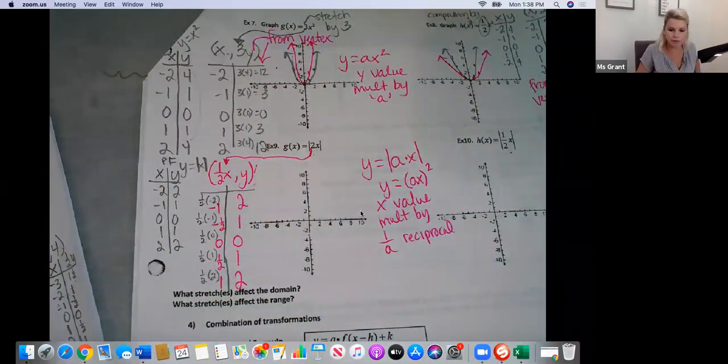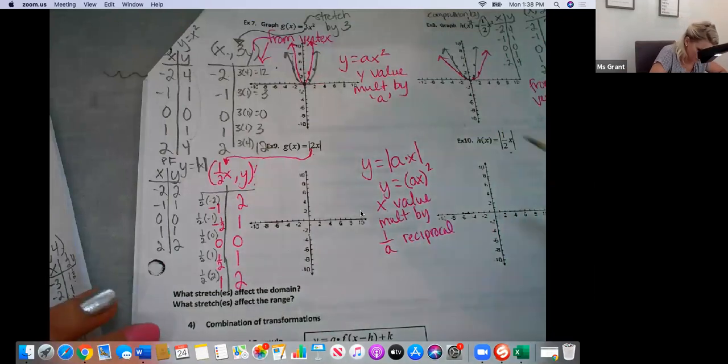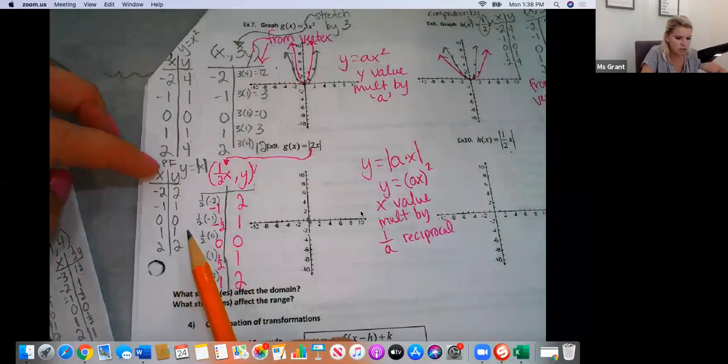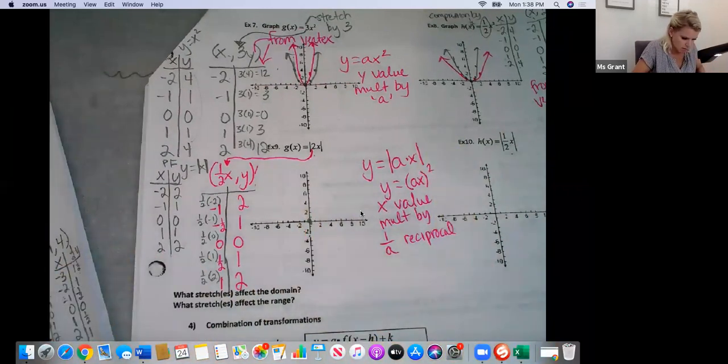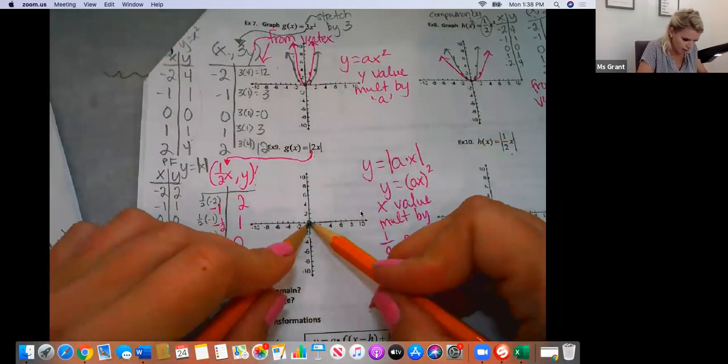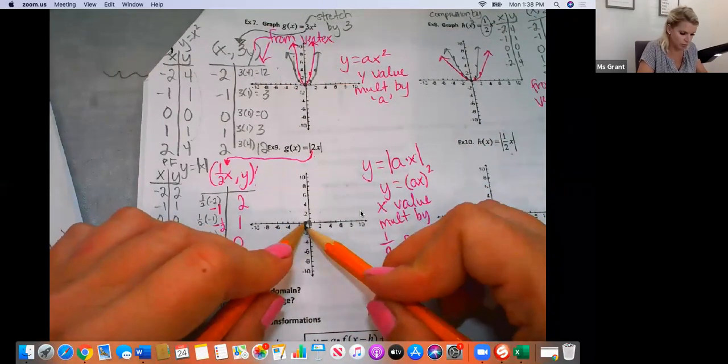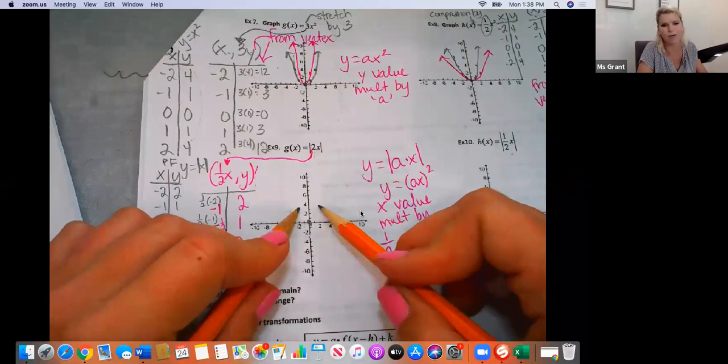Now I'm going to graph both of them. So first, I'm going to graph my 0, 0 from my parent function. Parent function is absolute value: over 1, up 1, over 2, up 2, over 3, up 3, over 4, up 4.